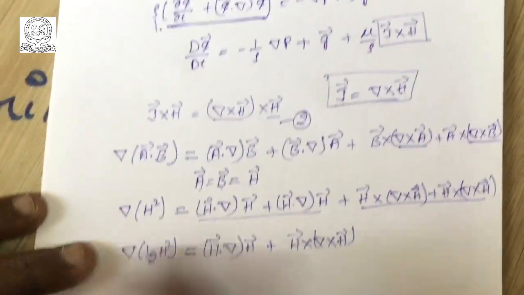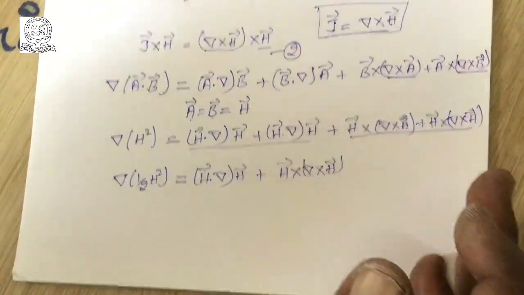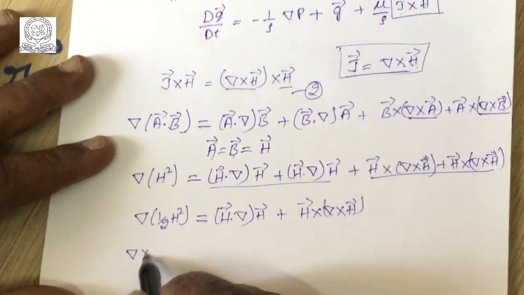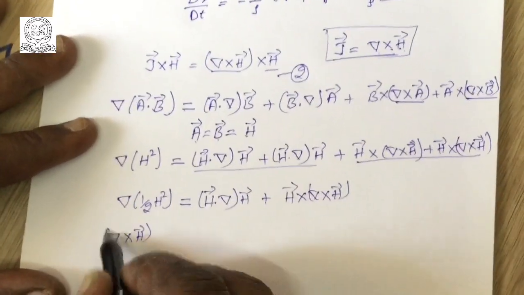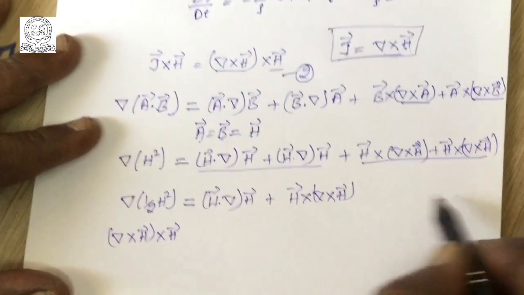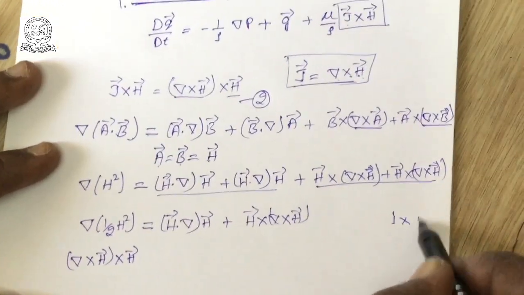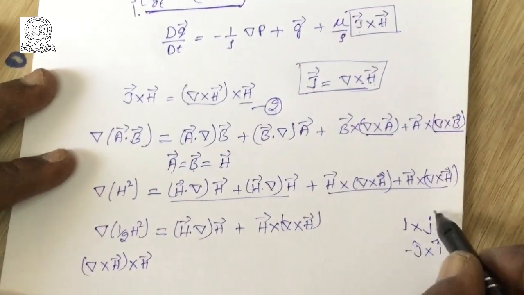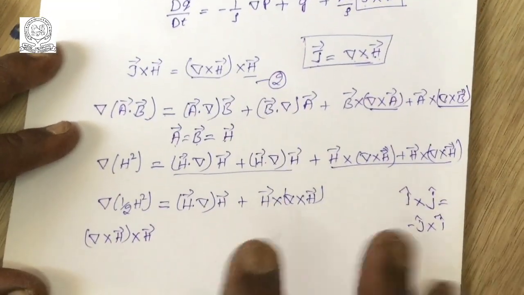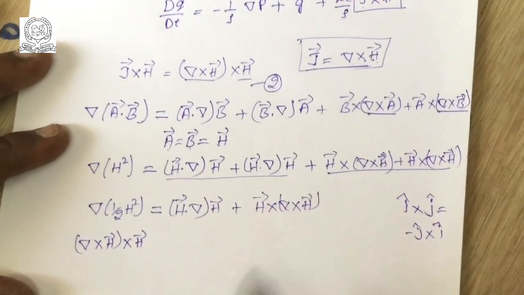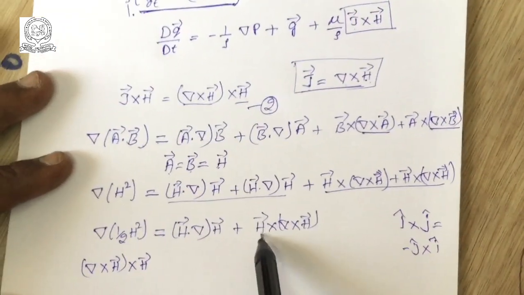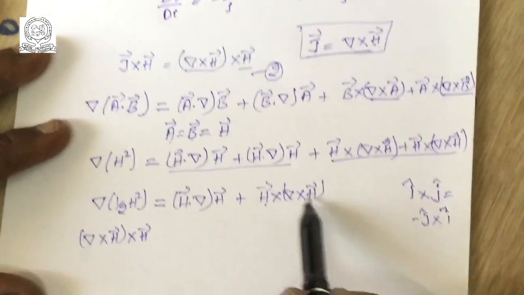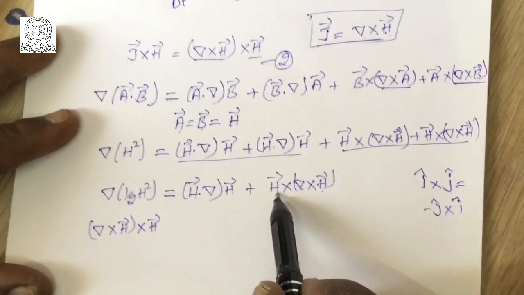Now by rearranging the terms, you are going to get del cross H cross H, because you know I cross J is nothing but minus J cross I. That's why if I interchange these two vectors, instead of writing H cross del cross H, I write del cross H cross H, then you will get a negative sign.